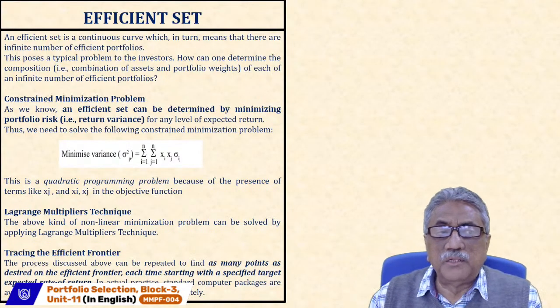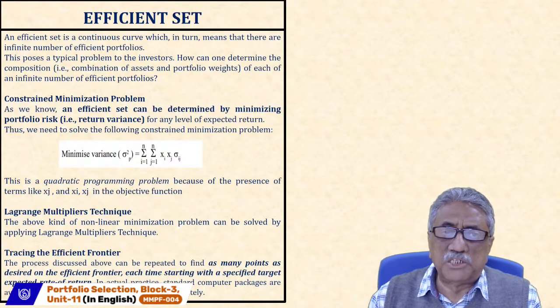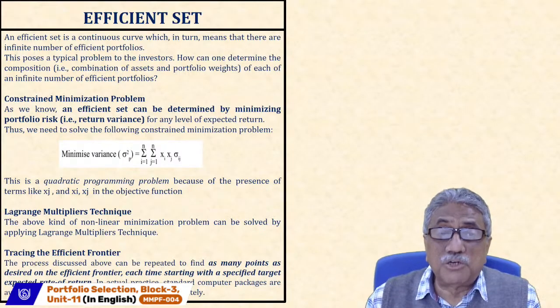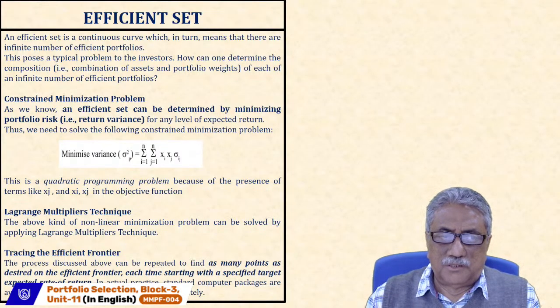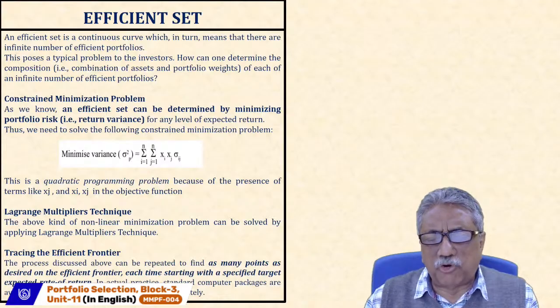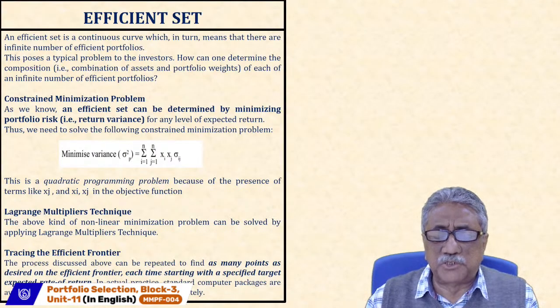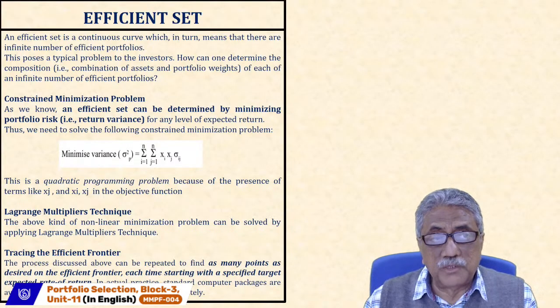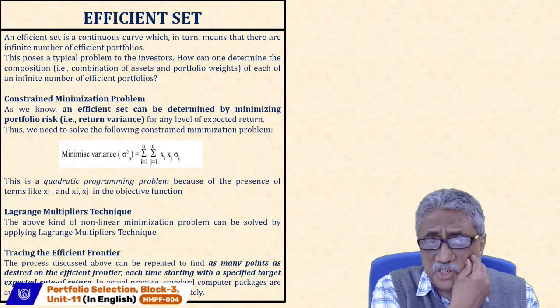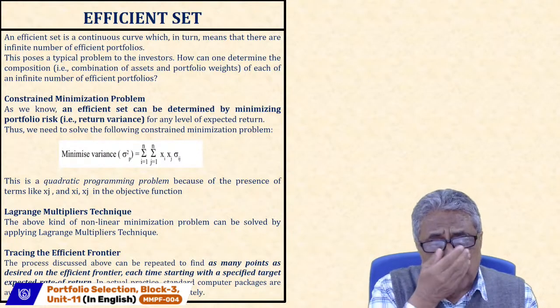How can one determine the composition, what combination of assets and how much of each asset? Earlier, if I bought 40% of A and 60% of B, you could take the weighted return, but the risk becomes different. So, for each of the infinite number of efficient portfolios, this is a big problem.